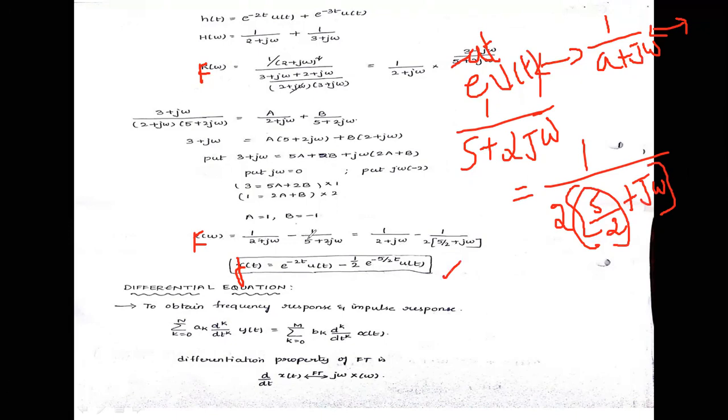Understood, my dear students? Don't get confused and don't write e power minus 5t mu of t. Here the 2 is multiplied with j omega, because the coefficient of j omega should always be 1. So 1 by 2 is the coefficient and e power minus 5 by 2 into t mu of t. Okay, my dear students.